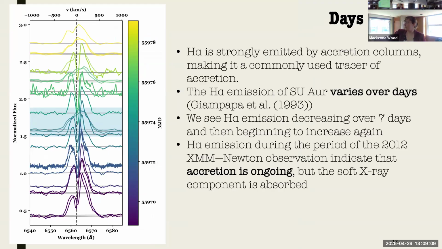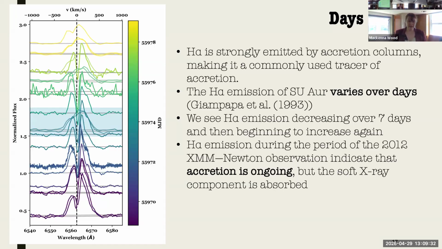So it starts out down here. This is both flux and time. So the beginning is down here and the end is up here. So it starts out a pretty large peak with a slight dip in the middle. By the middle, it is fully self-absorbed in the center, going down even below the continuum, and then it starts to increase again at the end.